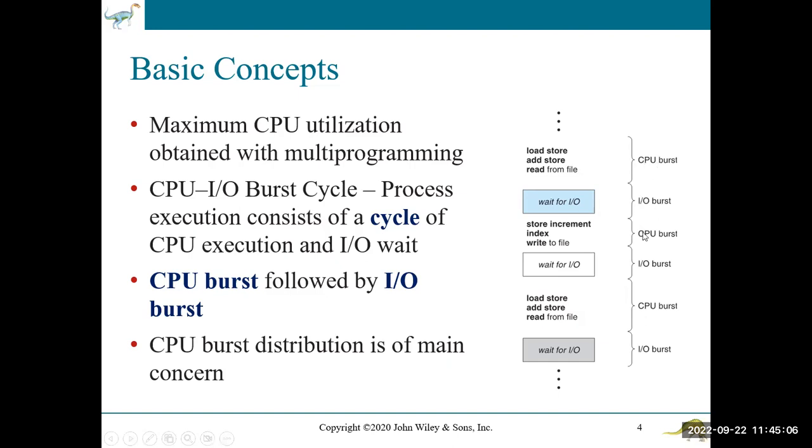I want you to notice this pattern right here. Can everybody see how an IO burst, and how we're waiting on the input output? There's kind of a bottleneck, right? And then what happens? Well, you have a file system and that kicks into gear.